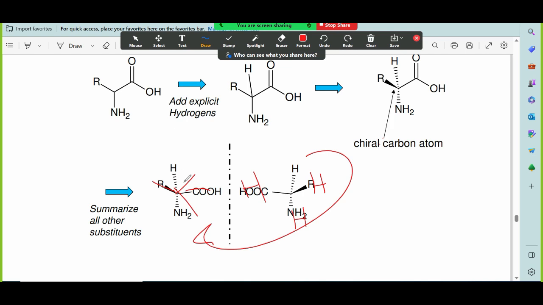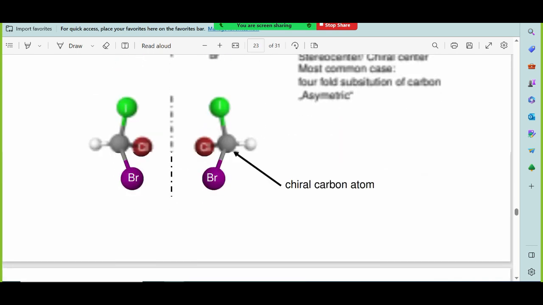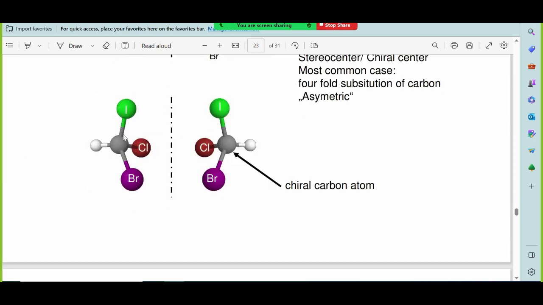If you rotate it in space, you will get this molecule again because it's hydrogen. But the difference here is that they are completely different elements, and when one is pointing towards the back and one towards the front, no matter how you rotate it, you will not get this molecule again, because you have to consider the same elements. So if iodine is like this, you should get an iodine like this. So here you care about the element and its position.